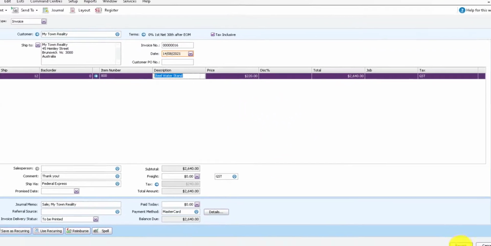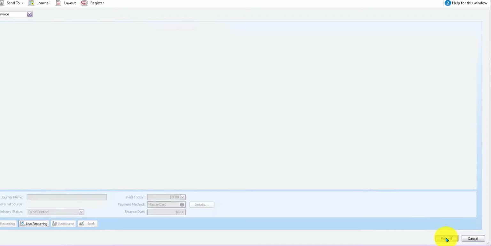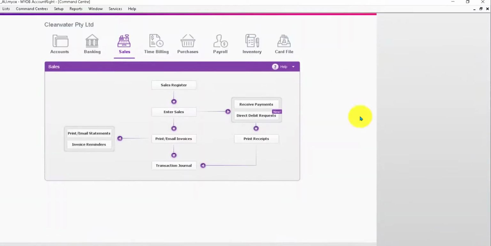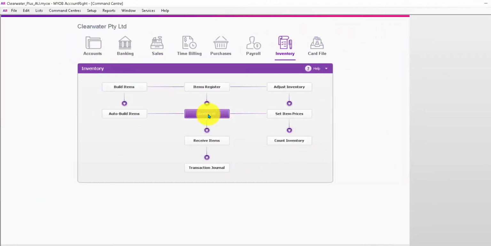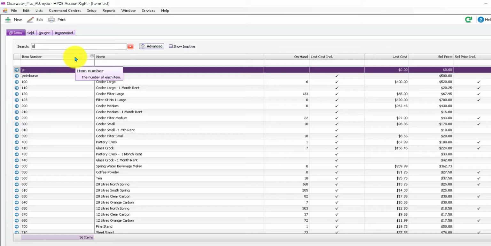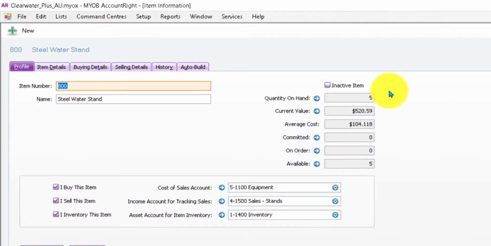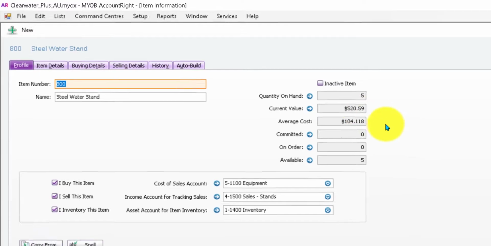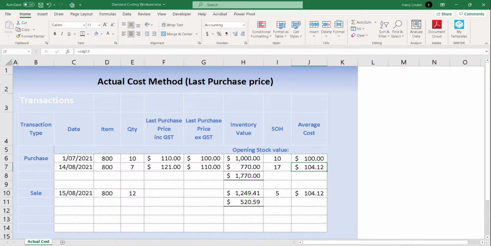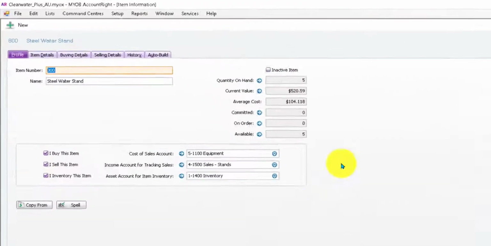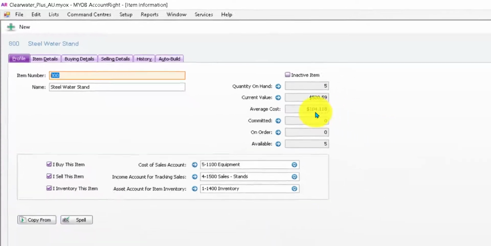Record that, and let's go back to inventory and look at item 800 again. And we have 5 left. We've got 520.59, and if we go back to our spreadsheet, it's 520.59, and the average cost is still 104.12 when you round it up.